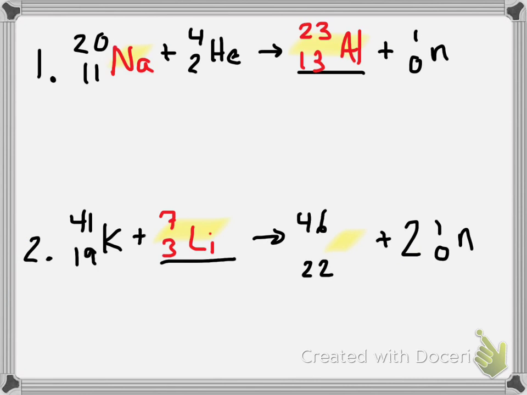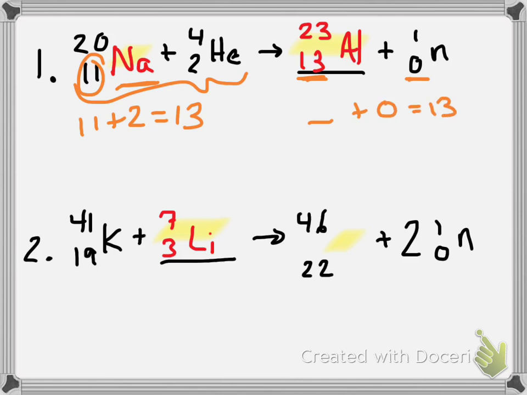Hopefully this is what your blanks look like. Oops, I forgot to fill one in. Okay, so I found sodium by looking at the atomic number. The atomic number is number 11, so I looked at my periodic table and saw that that was sodium. Then I looked at my atomic numbers on the left side of my equation, and I know that 11 plus 2 equals 13, and something plus 0 had to equal 13, so blank plus 0 equals 13, so that blank has to be 13.